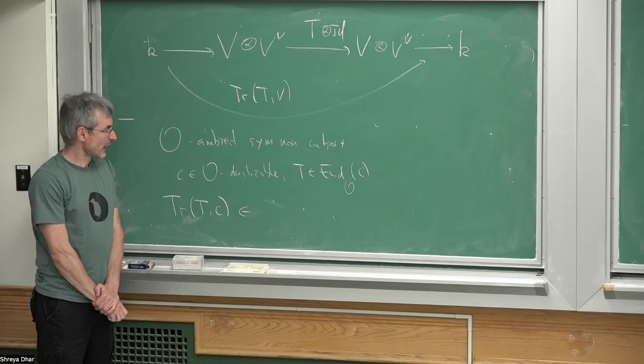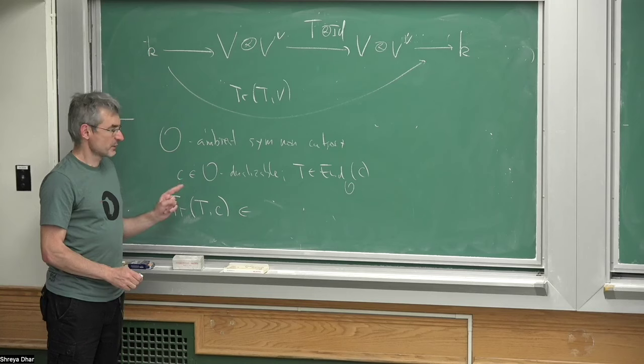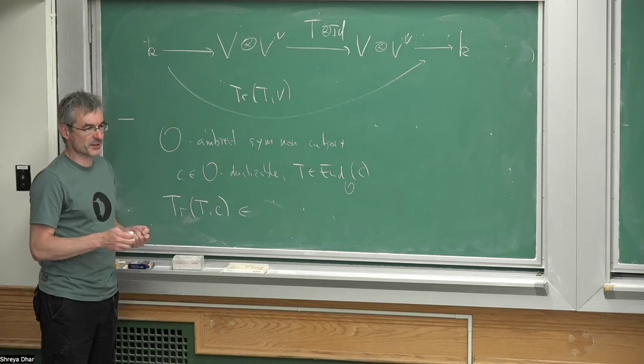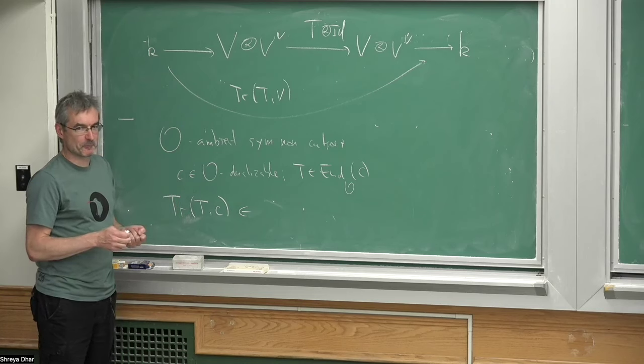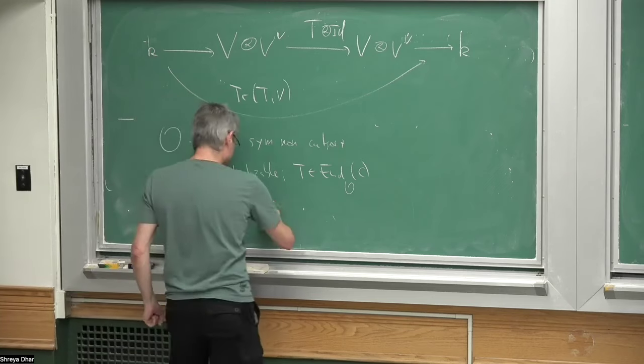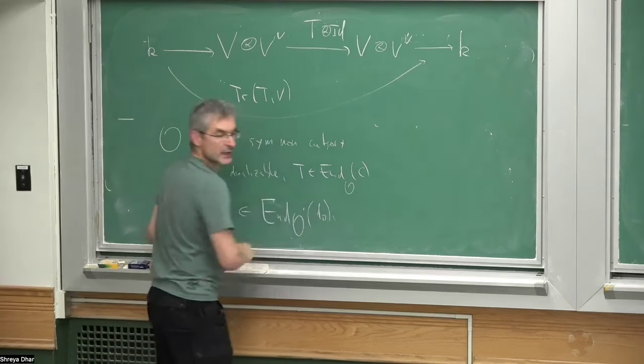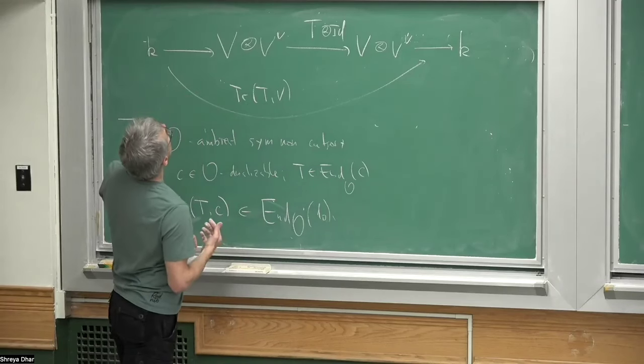What kind of thing is it? It's an endomorphism inside O of the unit object. Okay, and now we'll play the following game.